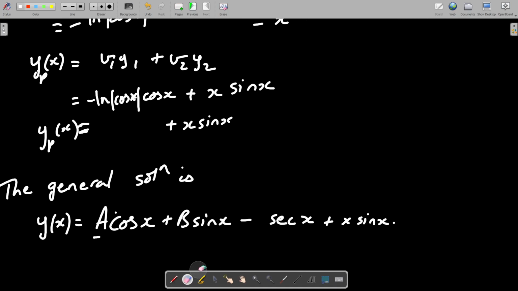You also have to cancel out one term. Cos x, cos x. This will remain as minus cos x into cos x. Okay.